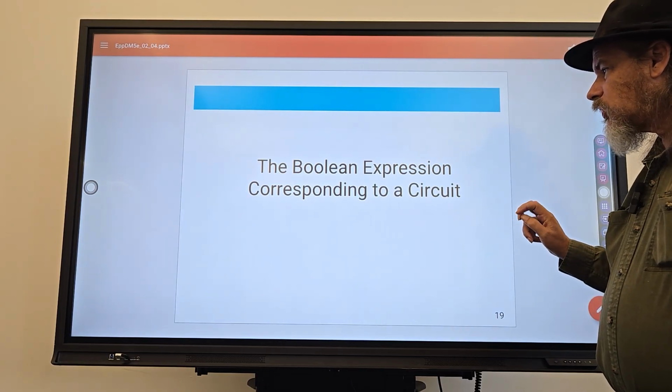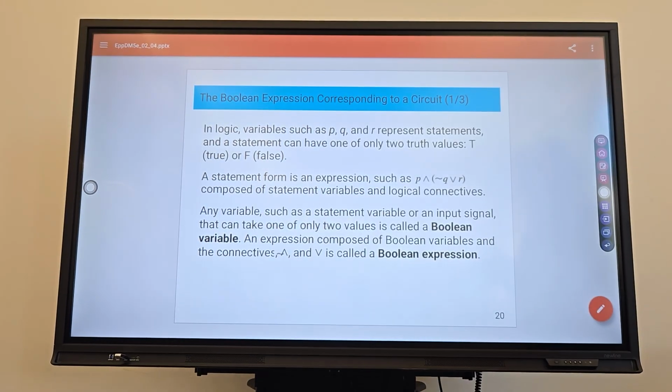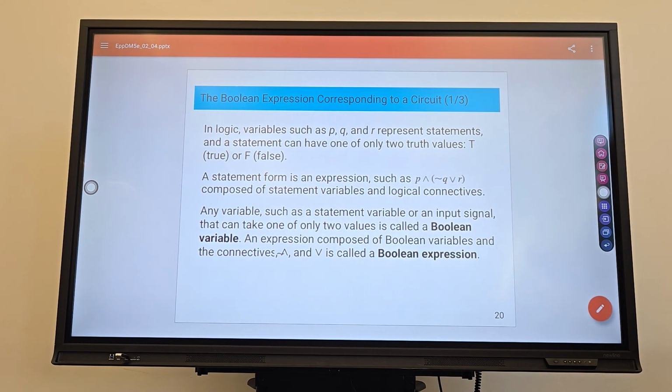Boolean expression corresponding to a circuit. In logic, variables such as P, Q, and R represent statements, and a statement can have only 2 truth values, true and false. A statement form is an expression such as P and the quantity not Q or R, composed of statement variables and logical connectives.